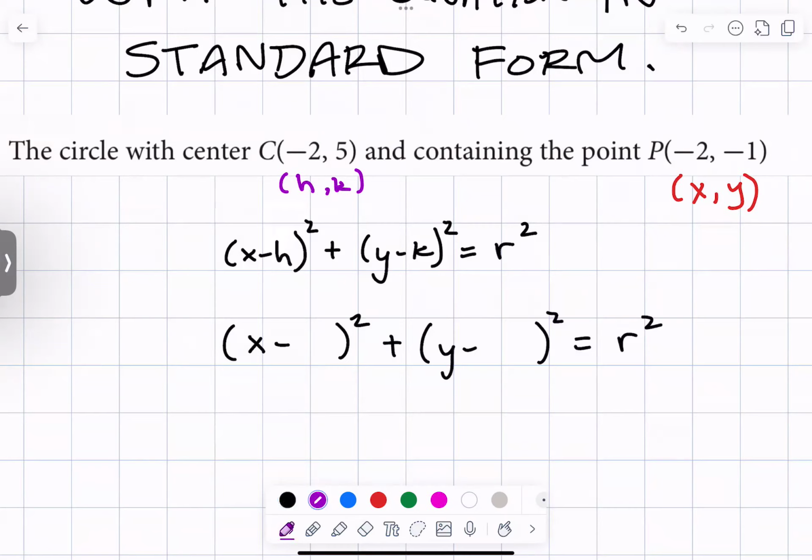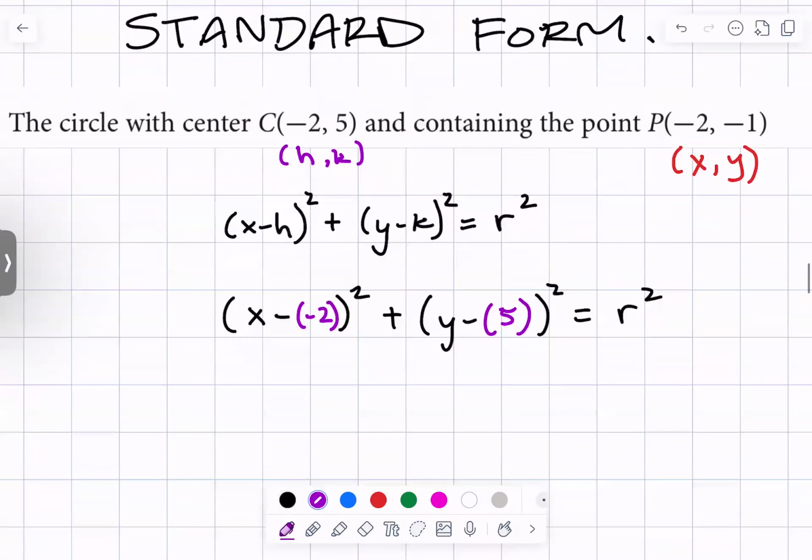Okay. So again, if I label everything out again, I'm going to have (x minus -2) plus (y minus 5) quantity squared. But here I also have an x and a y. So I'm going to erase that x and erase the y and plug in -2 and plug in -1, because I don't know what my radius is.